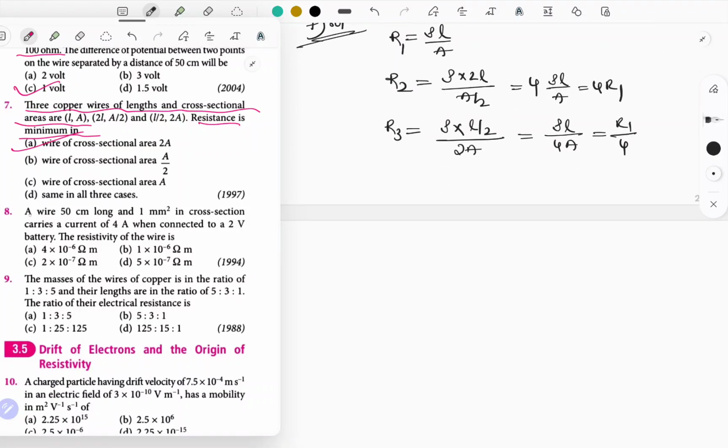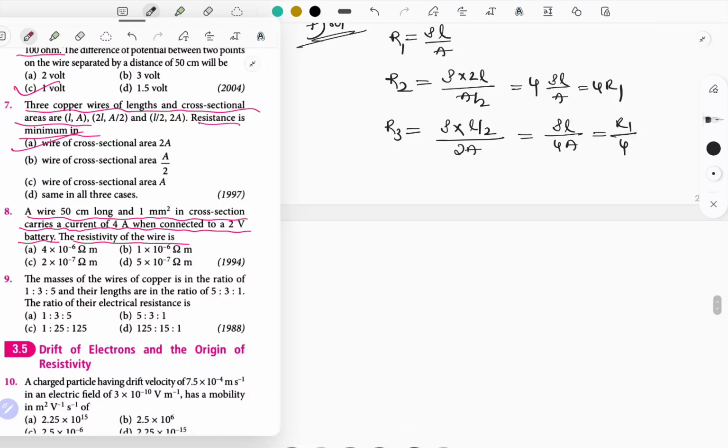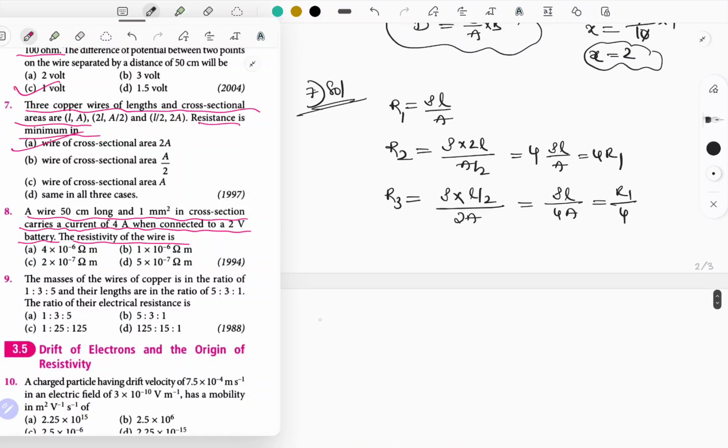Question number 8. A wire of length 50 centimeter and 1 millimeter square in cross section carries a current of 4 ampere when connected to a 2 volt battery. The resistivity of the wire. Okay. Let's use Ohm's law. With the help of Ohm's law, we can answer this question.